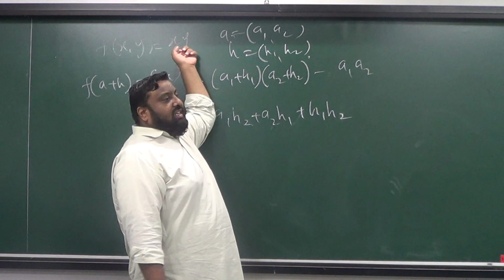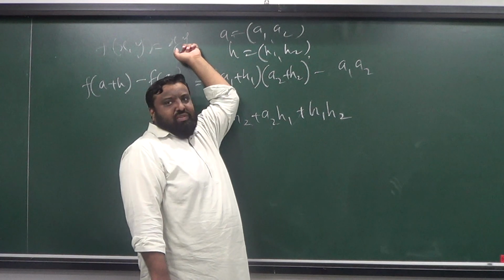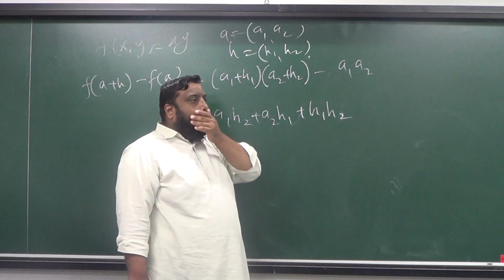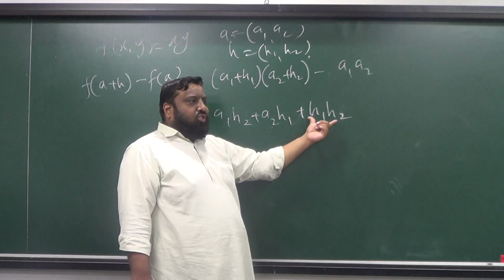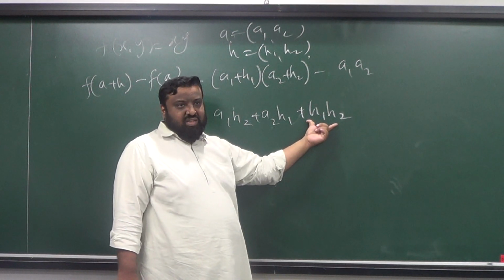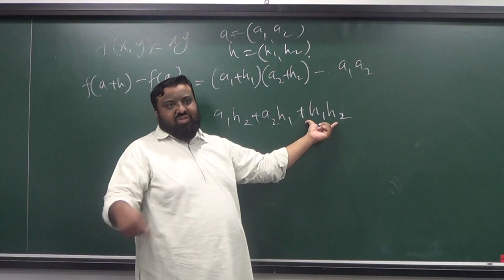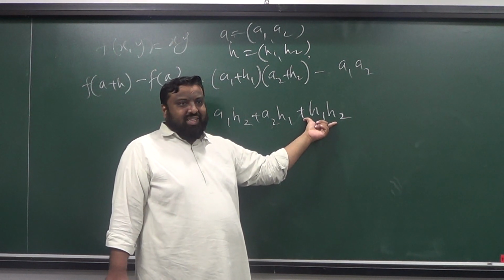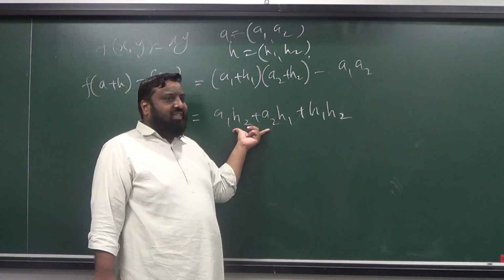So is xy linear? What is the degree of this? 2. So this can't be the derivative, the linear approximation, because this is a non-linear term, while this is a linear term.